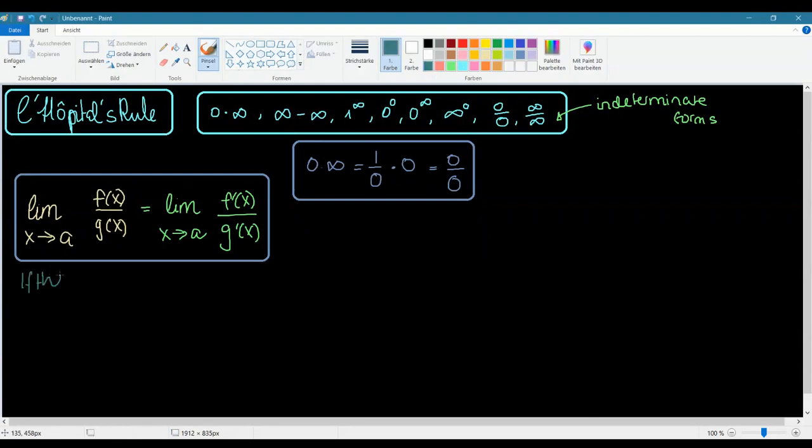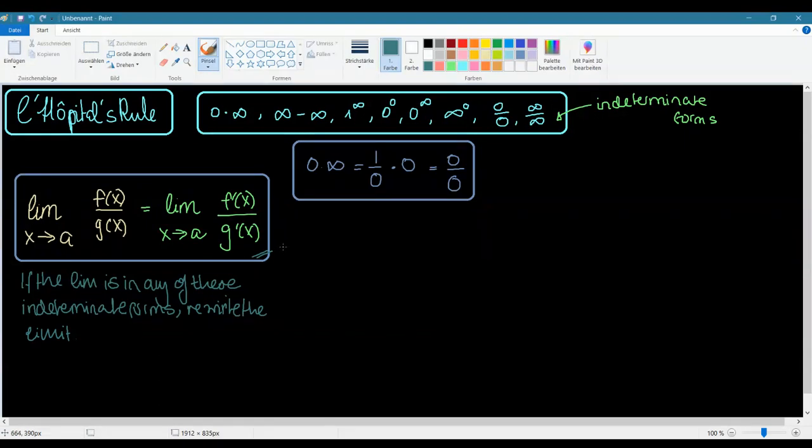If the limit is in any of these indeterminate forms, rewrite the limit like this. Okay, we have the rule.